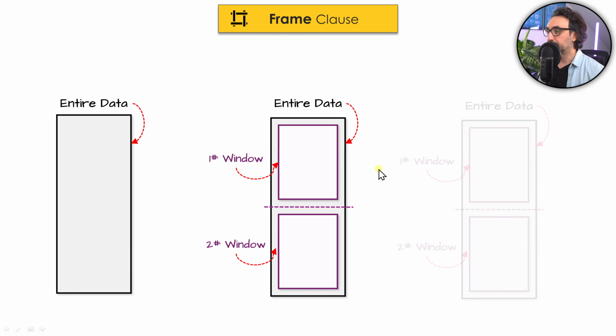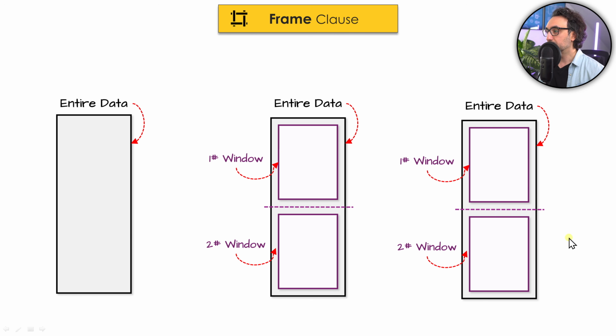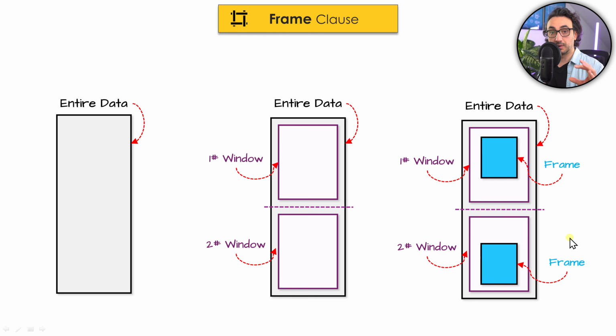So what we are doing over here is that we have those two windows, but we specify a scope, or a subset of data from each window, to be involved in the aggregations. And of course, not only aggregations, we can do ranking and other calculations. So here we have a window inside a window. We are defining a scope of rows. Not all rows should be involved in the calculation, but only a specific subset of data.